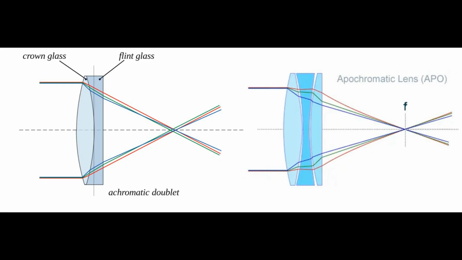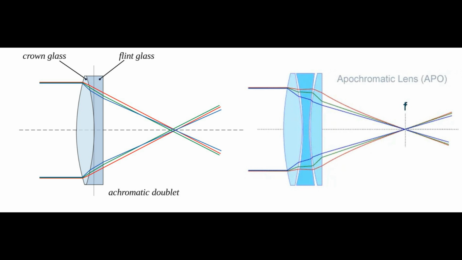Turns out there has always been a way to reduce chromatic aberration without actually changing the refractive index by much. It involves using complex groups in the lens design.